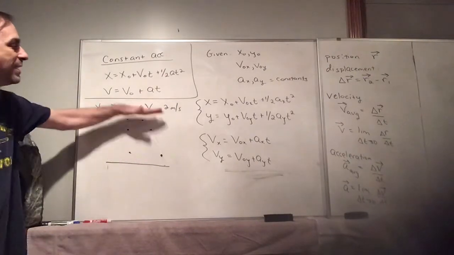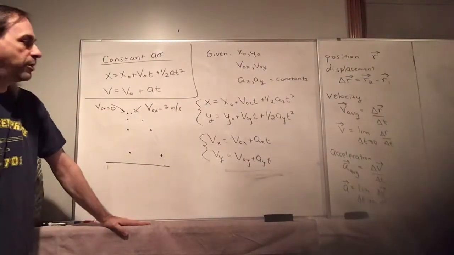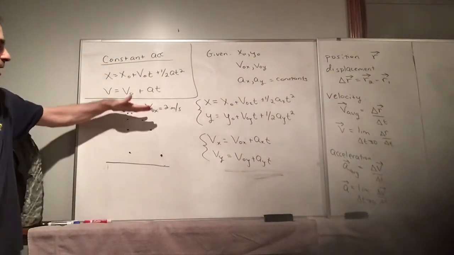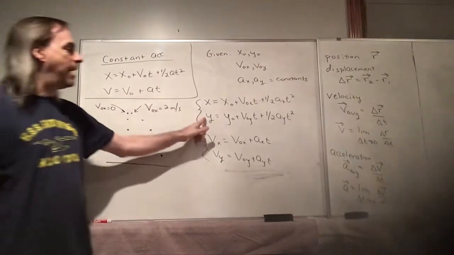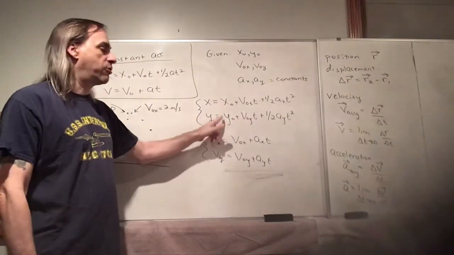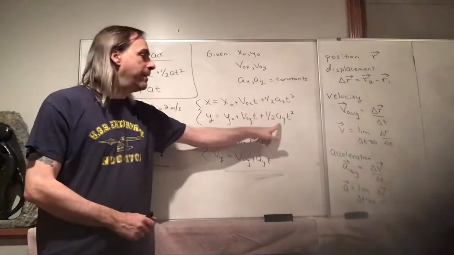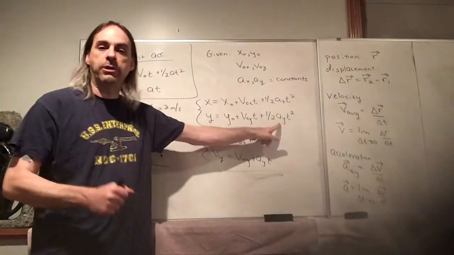Also, if you gave this an acceleration in the x direction, that would also have nothing to do with the height above the ground. So the height above the ground is only determined by the y values: the initial y coordinate, the initial velocity in the y direction, and the acceleration in the y direction.